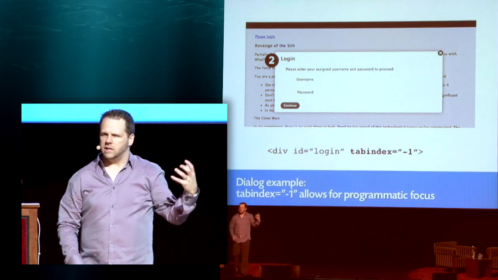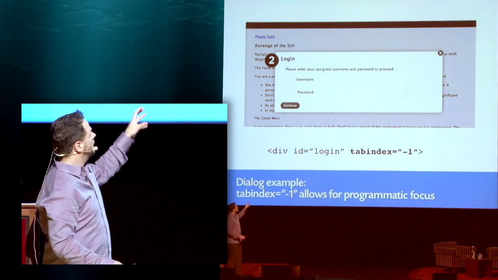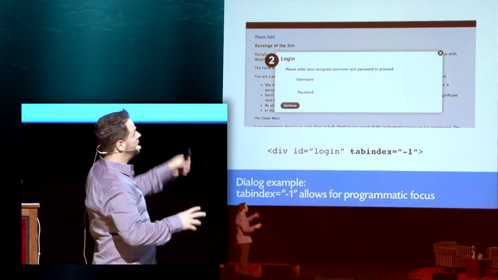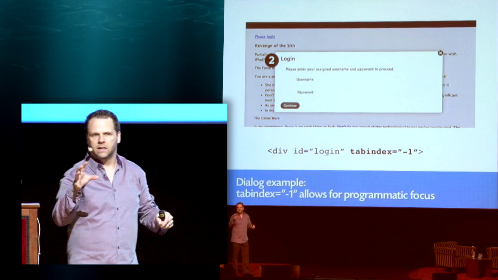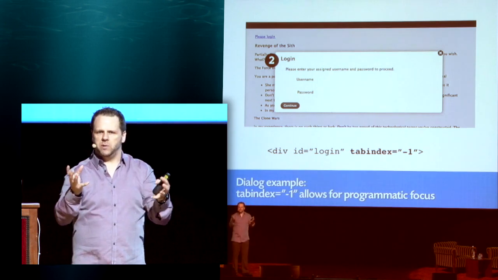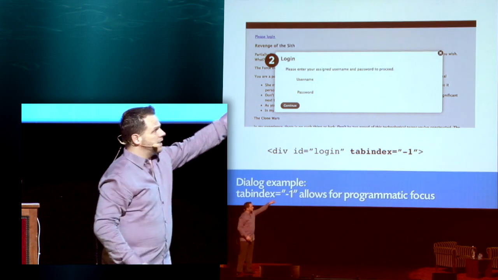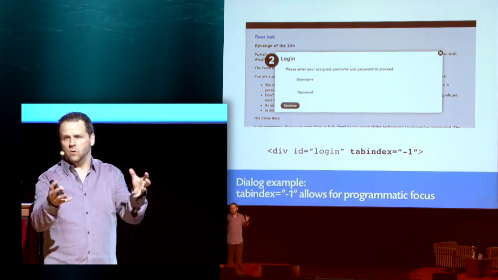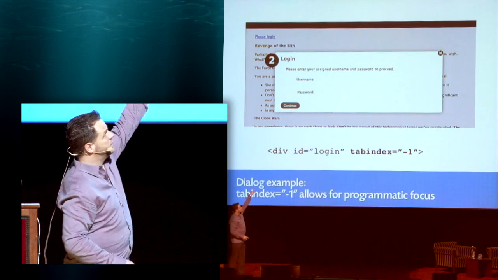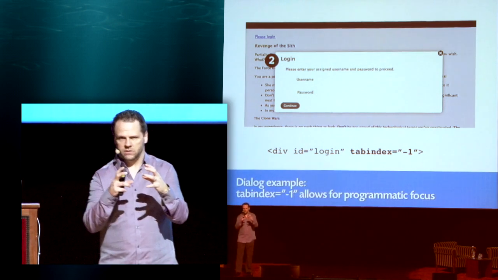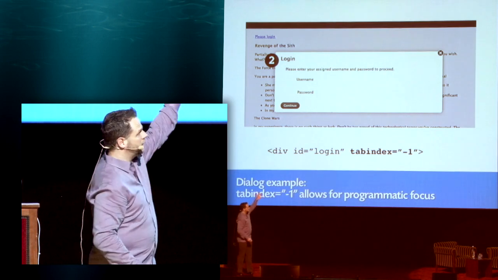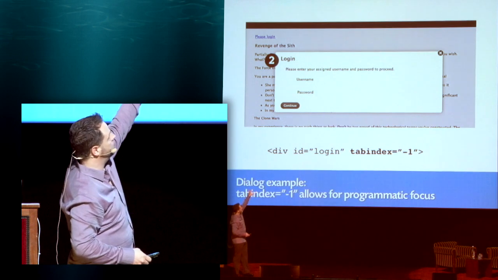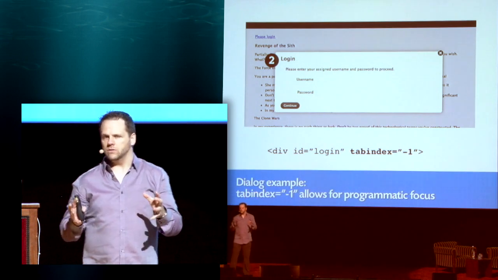So when we put a tab index of -1 on that, and we have an href that's pointing to it, we can use JavaScript then to trap that click and say, go find this thing in the page and put the focus there. So giving it a tab index of -1 and then saying, go and focus on it, actually brings the focus inside that particular div, right? Then we can interact with it and go programmatically through. We can tab through the username, the password field, the continue button, the close button, all of those things.